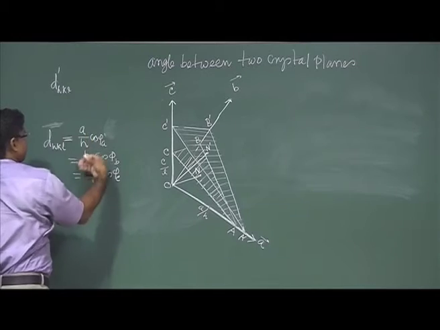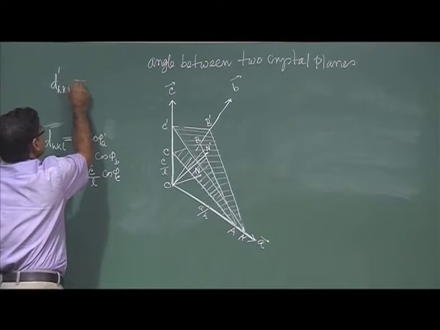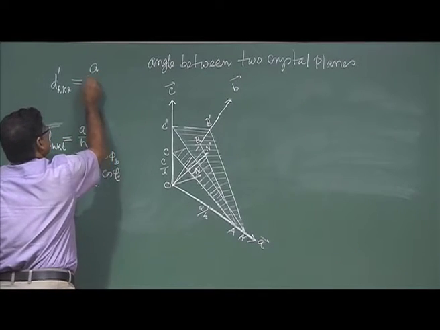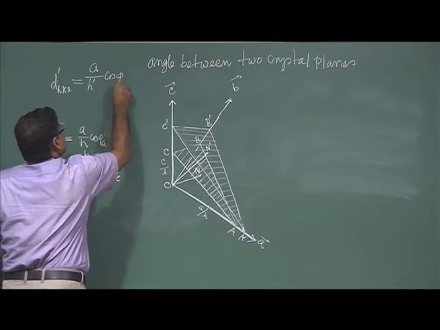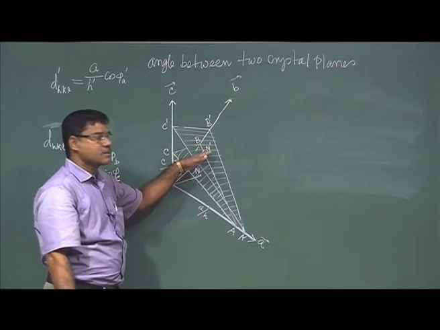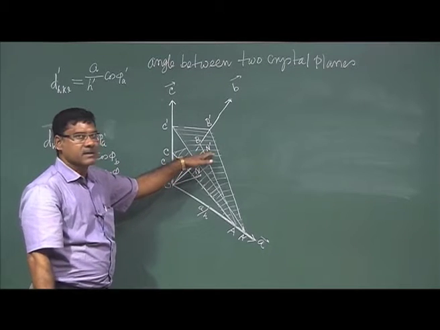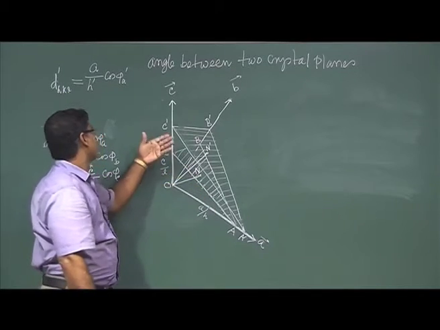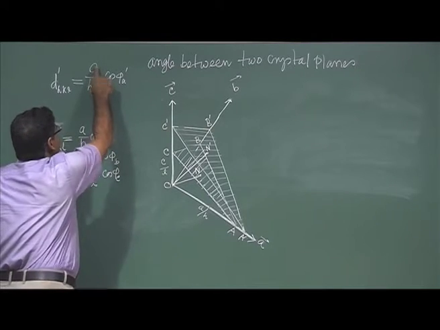And then similarly for this plane, the A dash B dash C dash plane, you can write A by H dash, cos phi A dash. So, the direction cosines of this normal O N dash are cos phi A dash, phi B dash, phi C dash, and this is A by H dash.